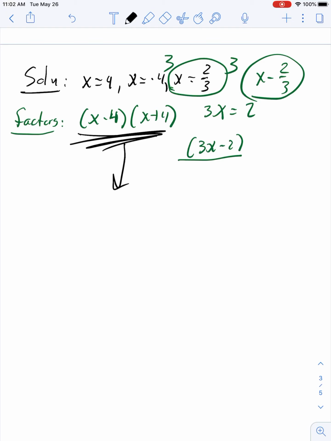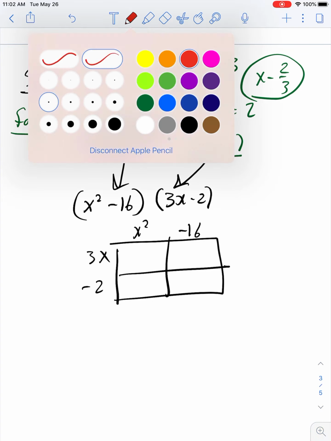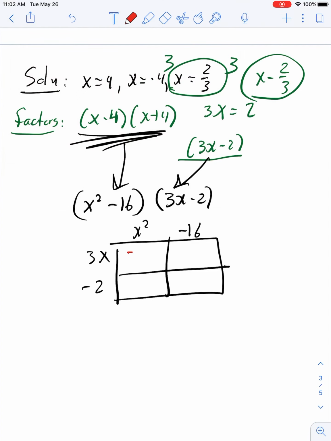Now let's do the difference of squares first, since those are pretty easy, x squared minus 16. Now let's multiply this by 3x minus 2. Don't do the 2/3 one. But I'm going to have to create a box. So I have x squared minus 16, 3x minus 2.